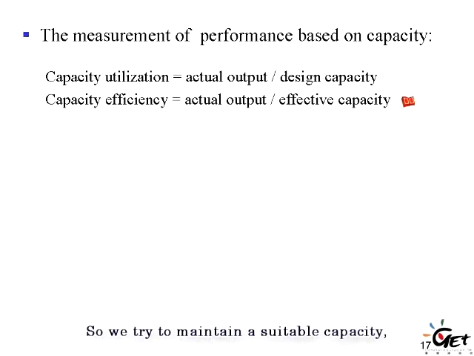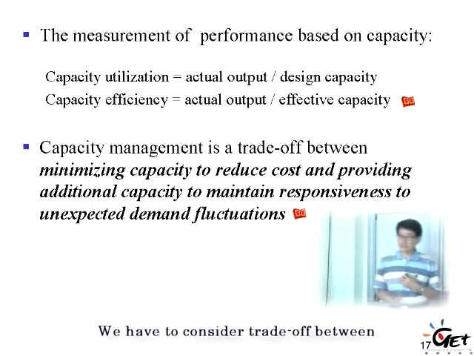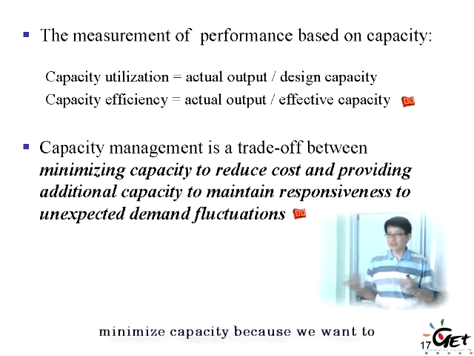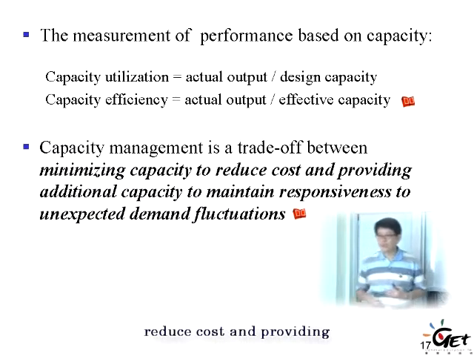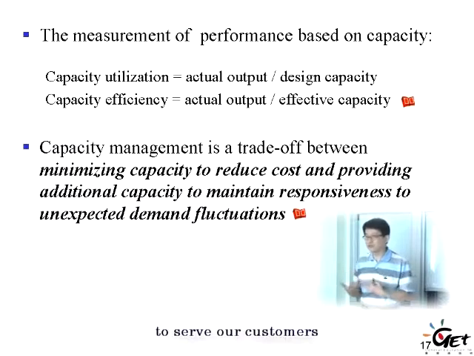So we try to maintain a suitable capacity. We try to have a reasonable design capacity. So how much will the capacity be? This is the question to be answered by capacity management. We need to consider the trade-off between minimizing capacity because we want to reduce cost, and providing more capacity to be flexible to serve our customers.